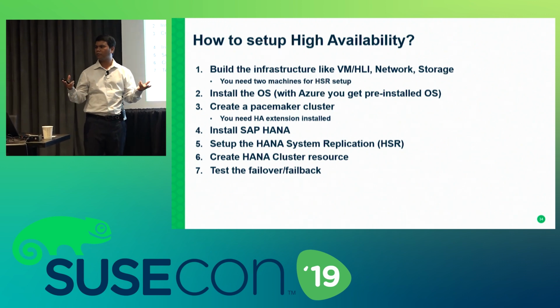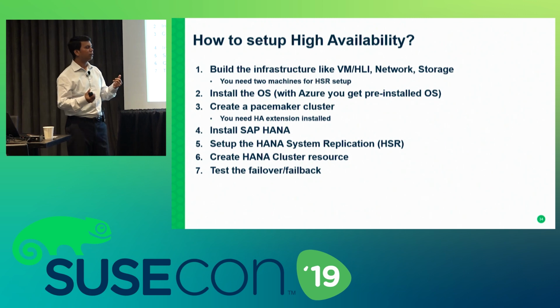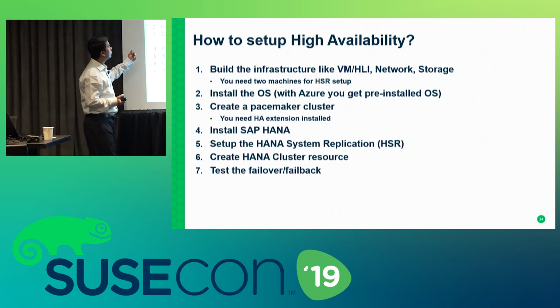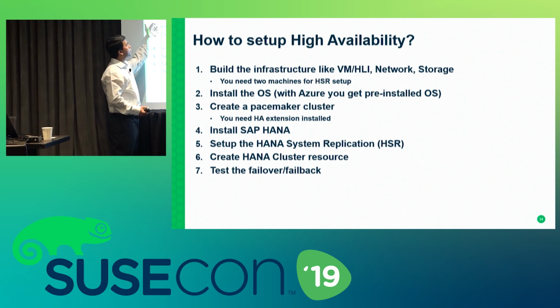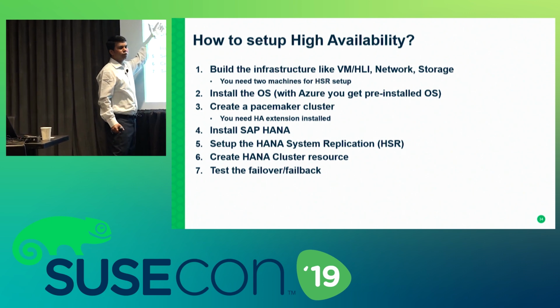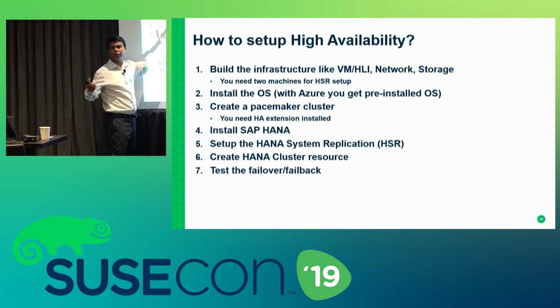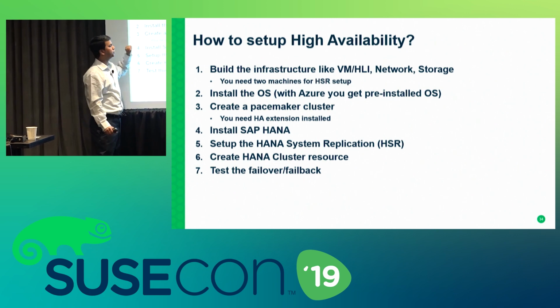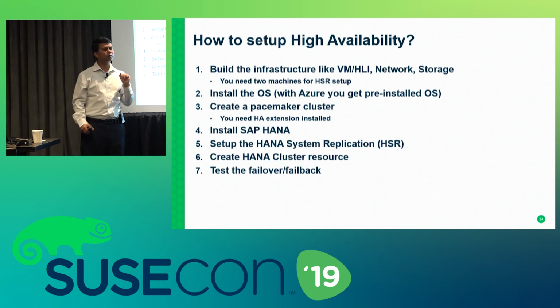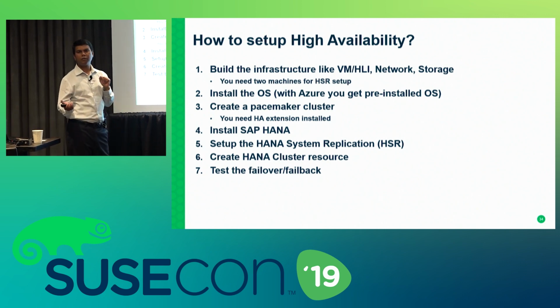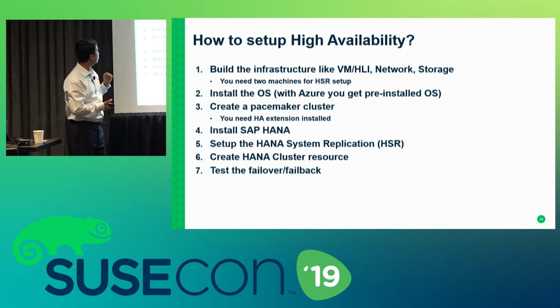You need a minimum of 2 machines for high availability. In the case of Azure cloud, you spin up the VM on your own. In the case of HLI, you submit the request and Microsoft does it for you. Then install the operating system. Again, you get the operating system pre-installed with both VM as well as HLI, from the request that you submit.